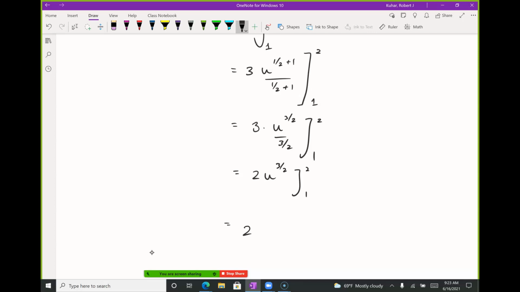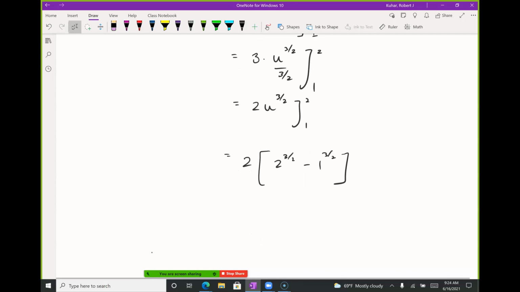So 2 times (2 to the 3/2 minus 1 to the 3/2). So that's 2 to the 3/2 is square root of 8, right?